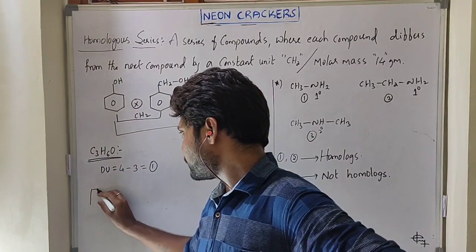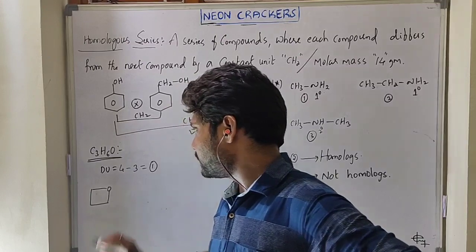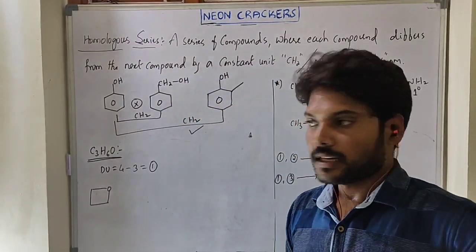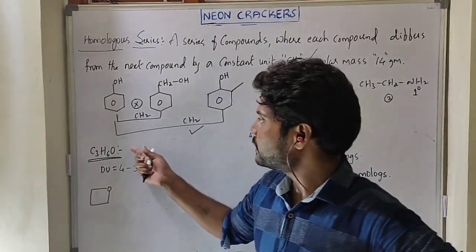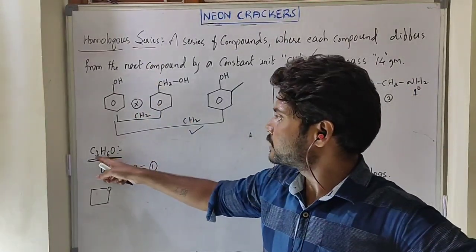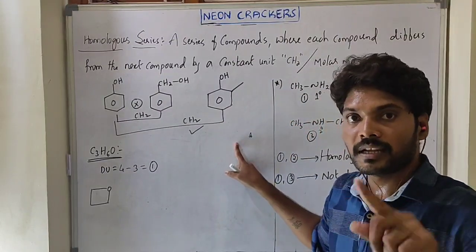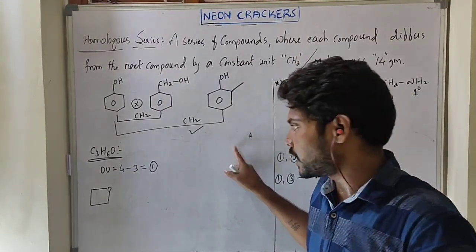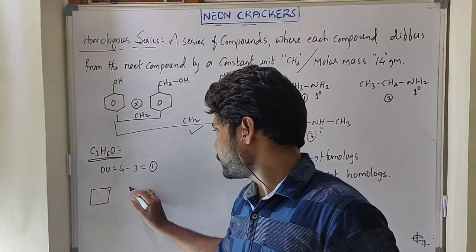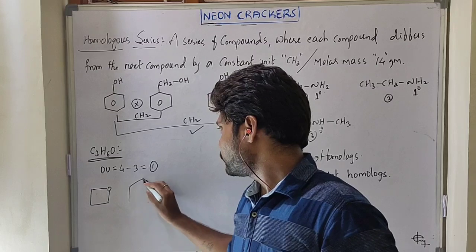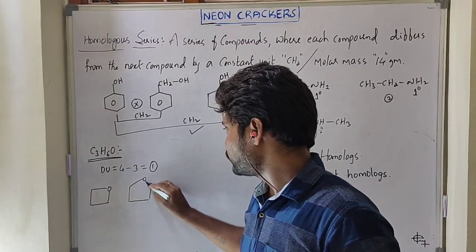Based on this, I am drawing one structure: 3 carbons, 1 oxygen with DU 1. We are not discussing isomers here. We are discussing homologous series. Homologous series means if one carbon is there, the next compound should have one extra carbon. Here 3 carbons are there, so I am now drawing one with 4 carbons with the same DU.